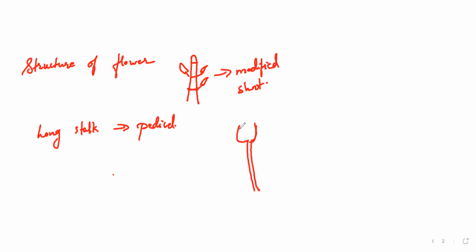It will be like this. And from here only the flower will grow. So this thing is called what? Pedicel. And the swollen part is called what? Thalamus or receptacle.